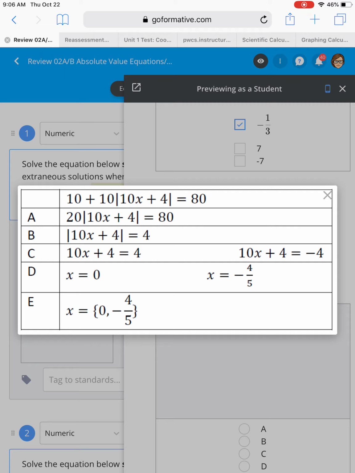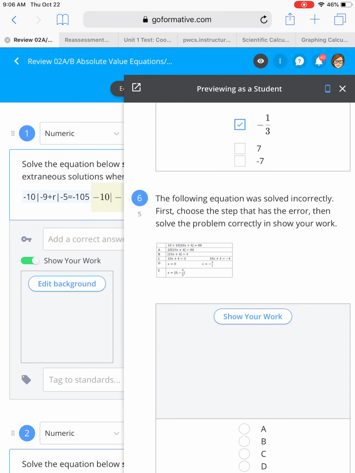But you can't combine those because they are not like terms. So it was in step A. They combined like terms when they weren't supposed to.